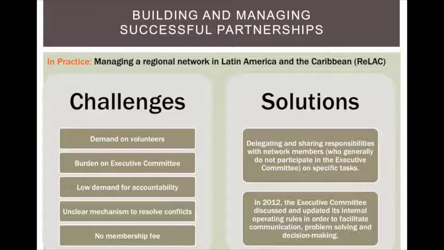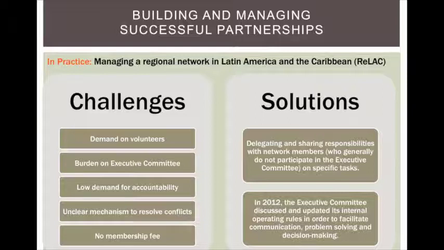RELAC came together and came up with some really interesting and successful solutions that worked for RELAC. Two of them. Number one, delegating and sharing responsibilities with network members who generally do not participate in the executive committee enabled the executive committee to relieve itself of specific tasks and at the same time engage others.